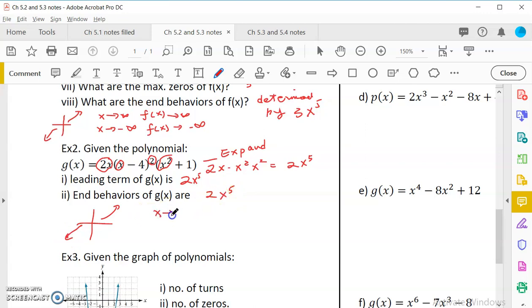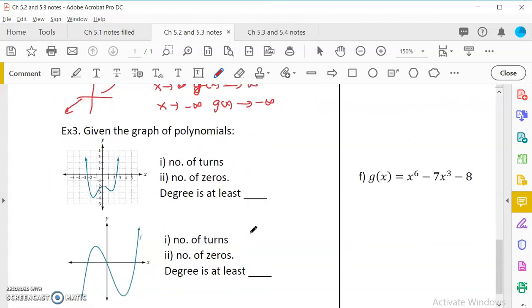So when x approaches infinity, g of x, this function, not just this term, but the whole g of x, will approach infinity. When x approaches negative infinity, g of x will approach negative infinity also, left, right.